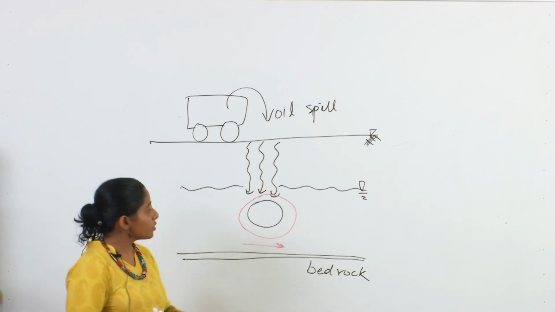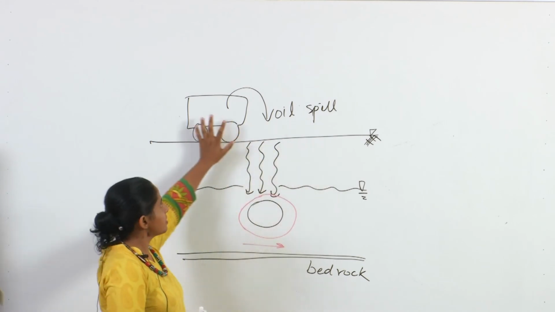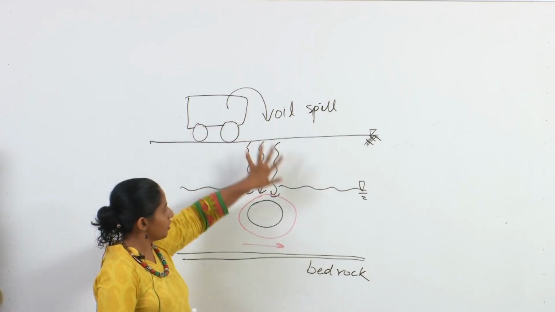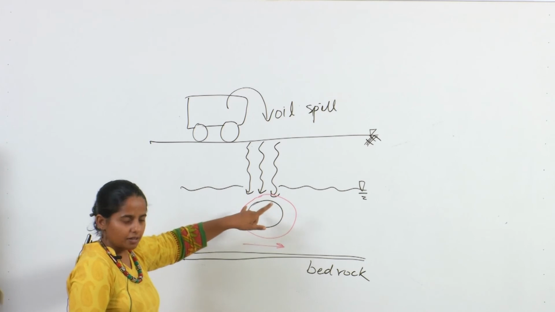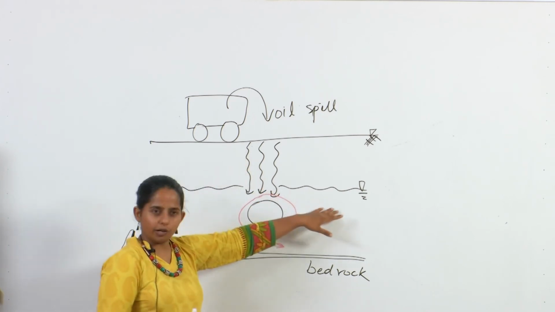Alrighty students, so take a look at this diagram. Let's imagine that this is the surface of the earth, and there was a tanker carrying oil, and it spilled. The oil percolated down through the layers of the earth, and here we have groundwater.